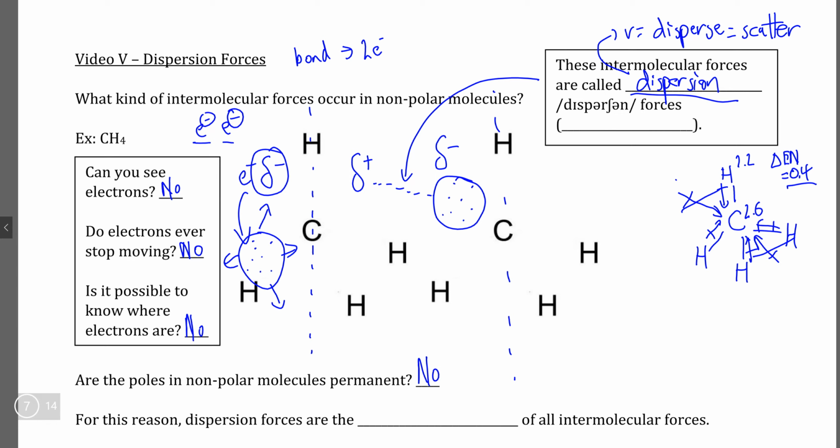And if the electrons move to this side, then this positive charge is gone. So these poles that we've drawn here are not permanent, which means that the dispersion force, the attraction between these poles, is not permanent either. And for that reason, dispersion forces are considered the weakest of all intermolecular forces, because they are by their very nature temporary.